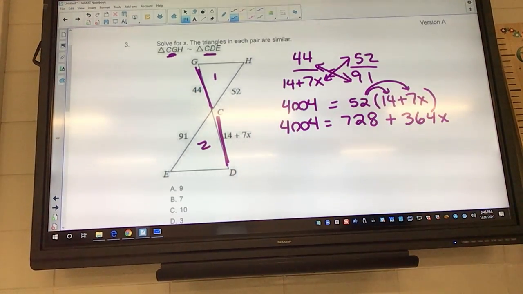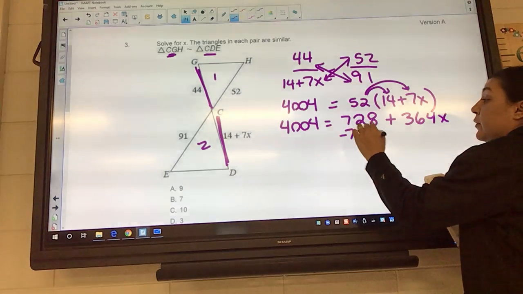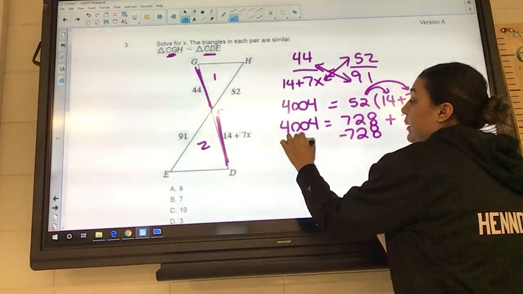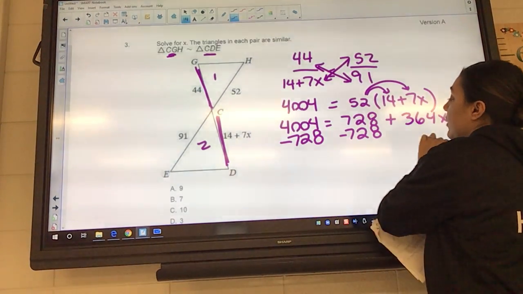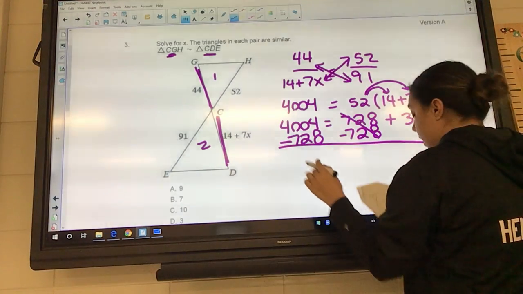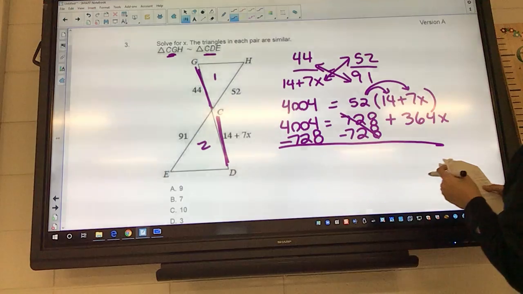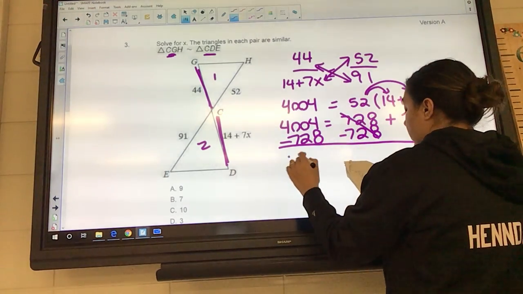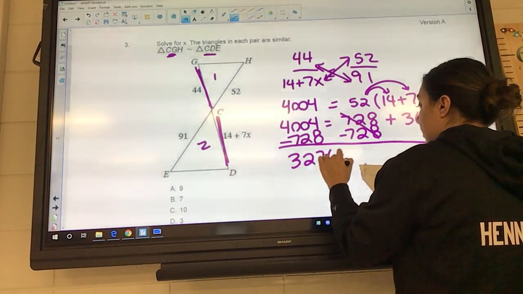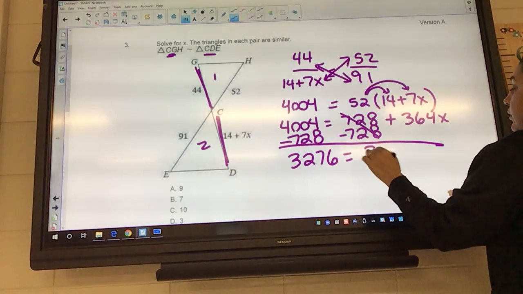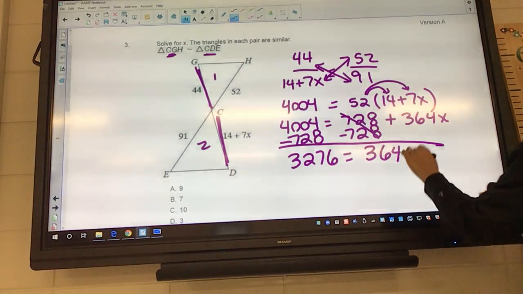Then I need to subtract the 728 from both sides, minus 728. I'm trying to get x all by itself. So I get 4,004 minus 728, which is going to give you 3276 equals 364x.